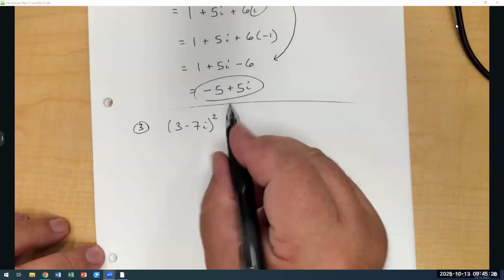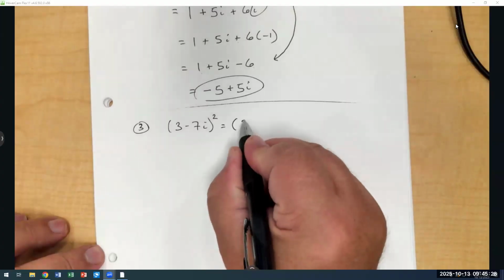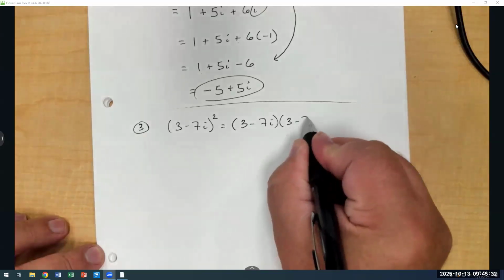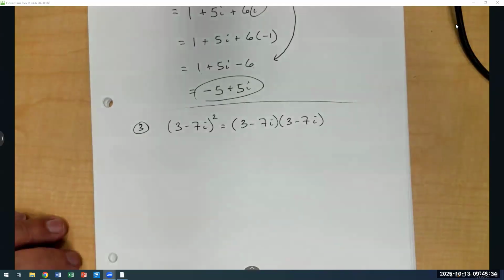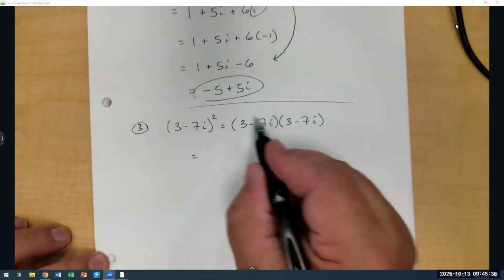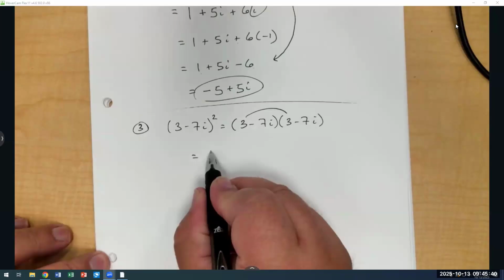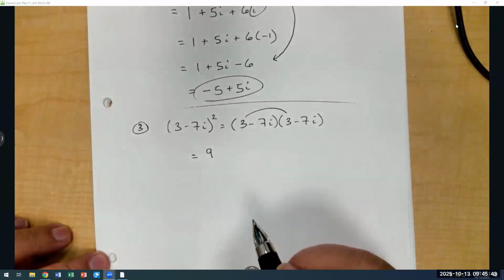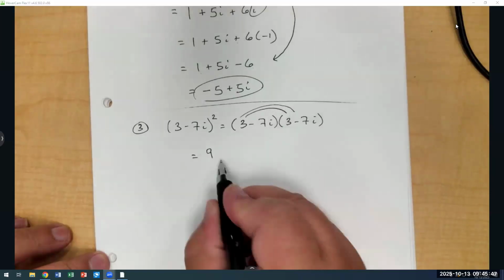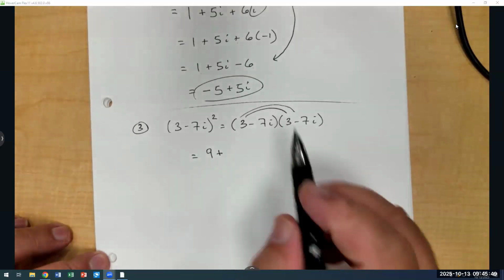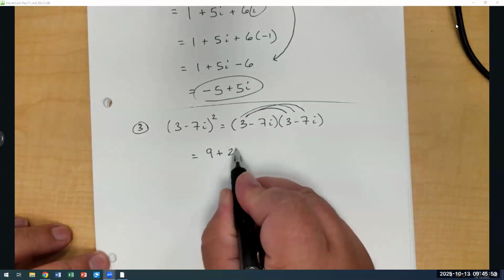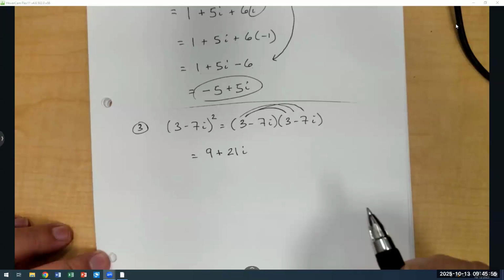So what this is asking us to do is to find 3 minus 7i times 3 minus 7i. 3 times 3 is 9. Next one, positive times negative is negative. 3 times 7, 21i.